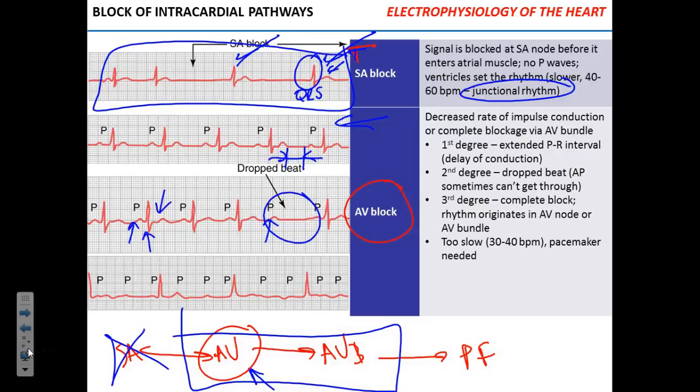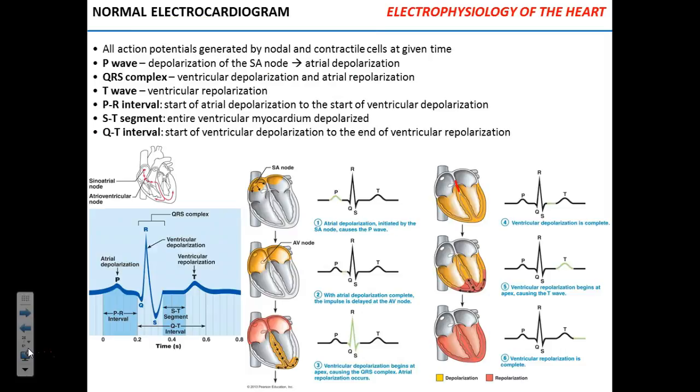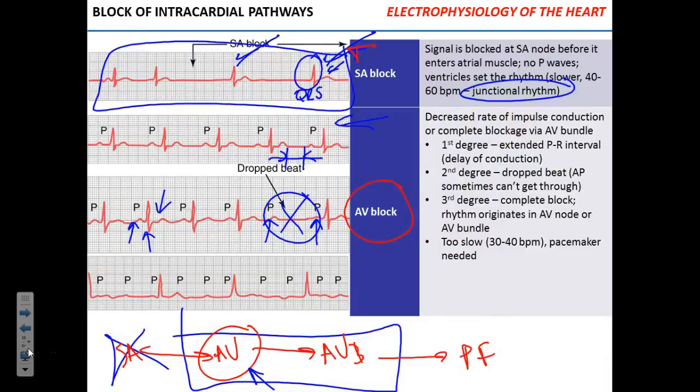Then you have P wave, you have nothing, and then you have a P wave too. Essentially what happens, you have atrial depolarization and that's it. Ventricles don't contract. And then you have another atrial depolarization and then signal goes through. Does that make sense? Okay. So it's not always, sometimes it cannot get through.